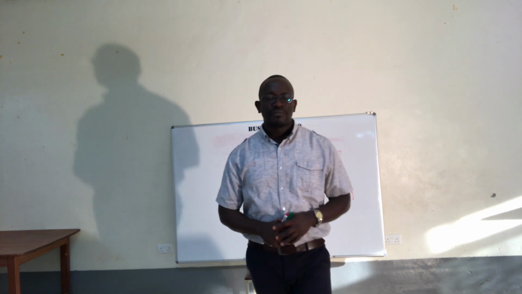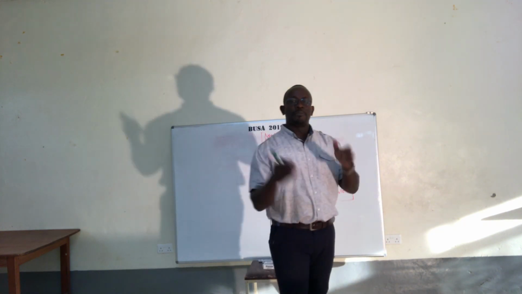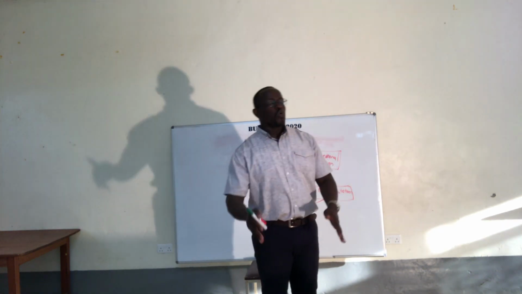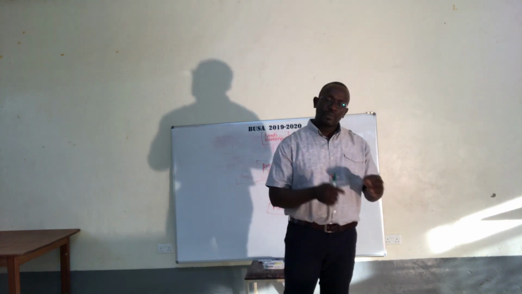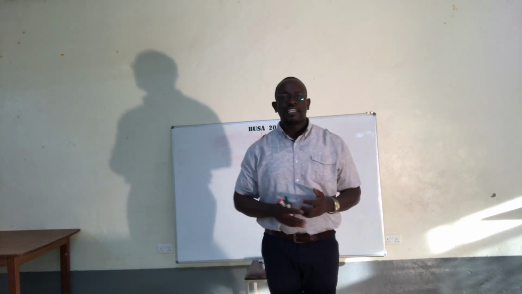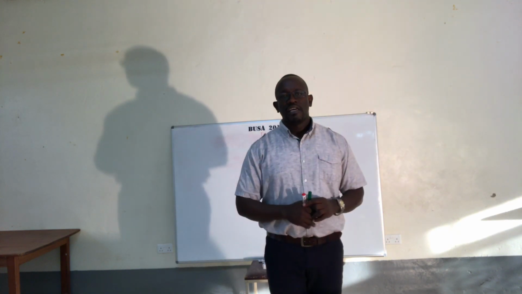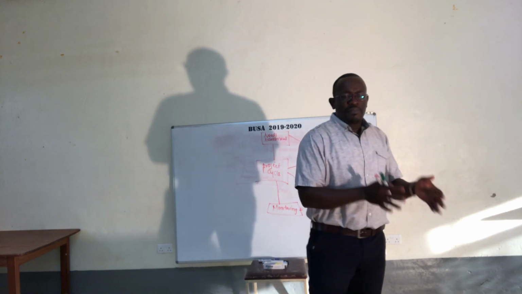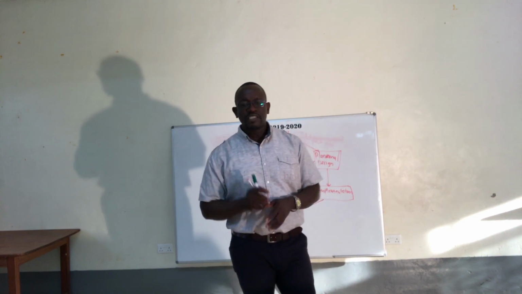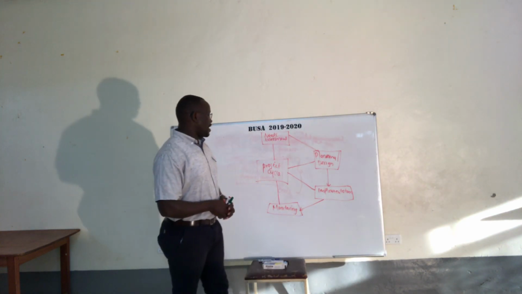Then what does it mean? It means there's a problem somewhere. Or we budgeted for a double cabin and we are not getting it. It means we have a challenge. Instead of buying a double cabin, we are buying a motorcycle. Then something needs to be corrected and understood.